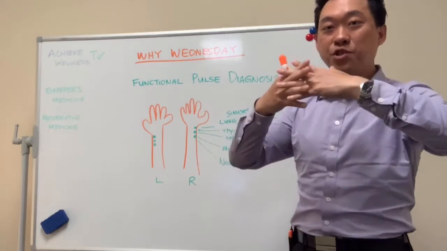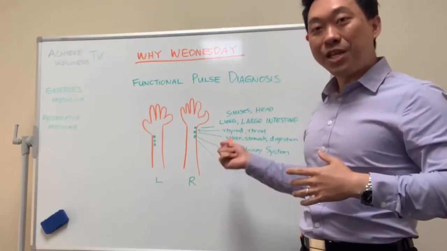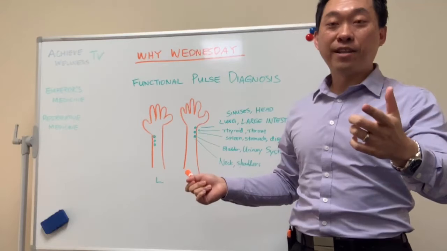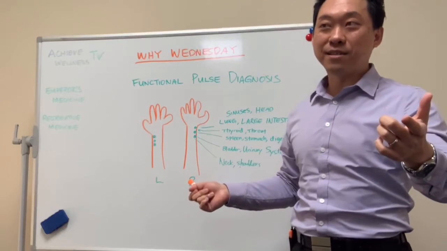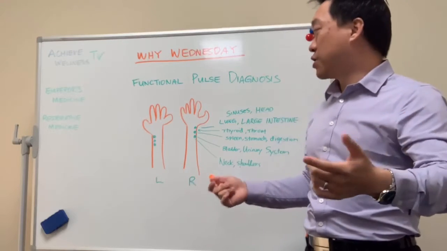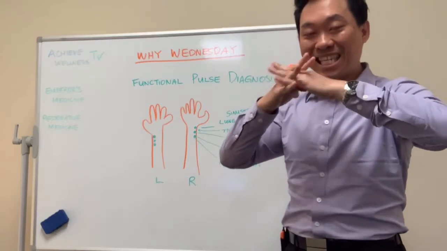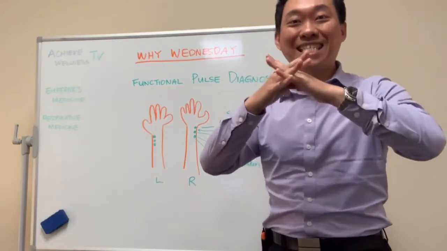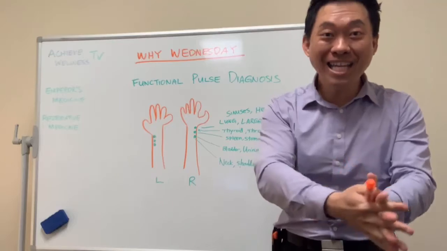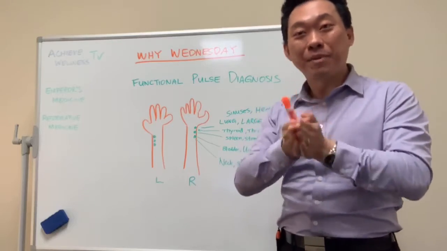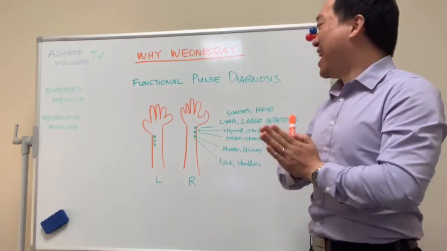So we combine those two technologies. This is a 3,000-year-old technology. Infrared technology is pretty recent. It's only about 100 years. And so when we combine these two technologies together, we can get a more accurate assessment as to what's going on in your body and what's preventing your body from healing itself, okay?